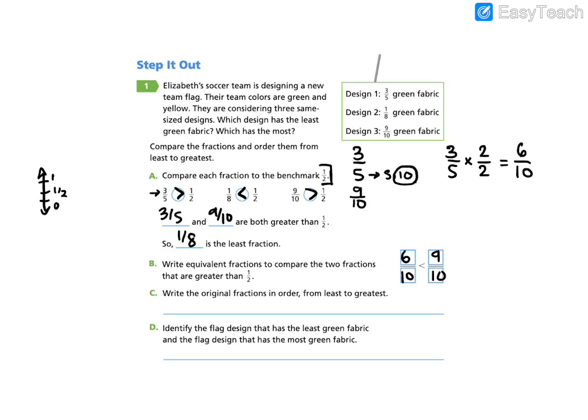All right, so now I need to list my fractions in order from least to greatest. I know the least is 1/8. Then 6/10, which our original fraction was 3/5. And finally, 9/10. So which design has the least? Design 2 has the least green.